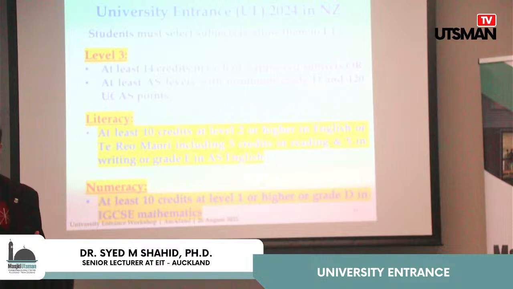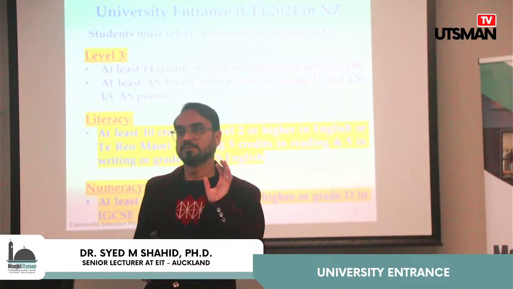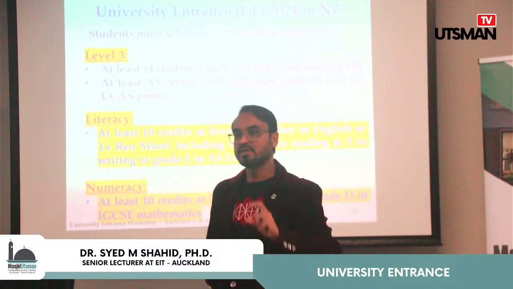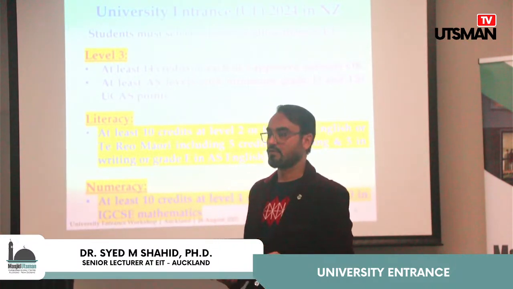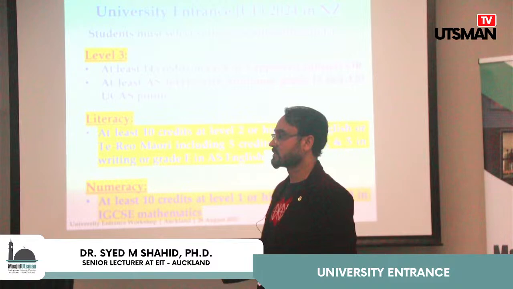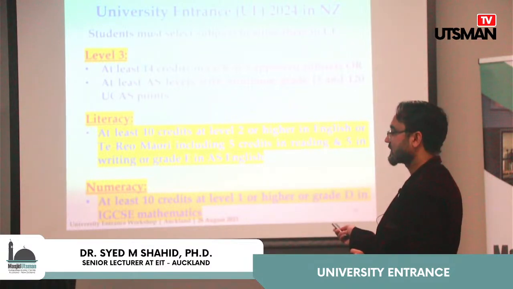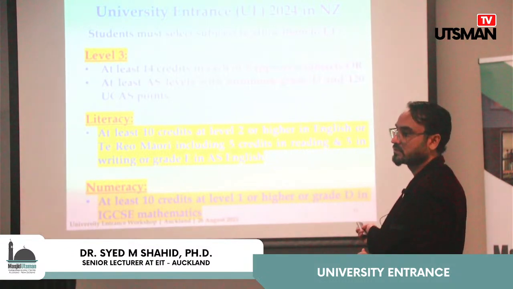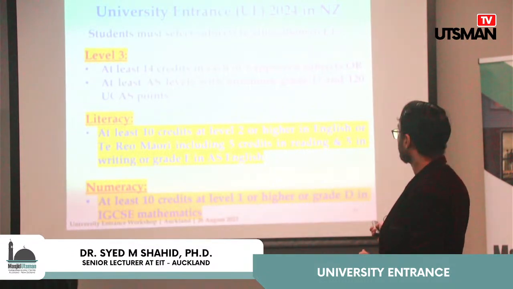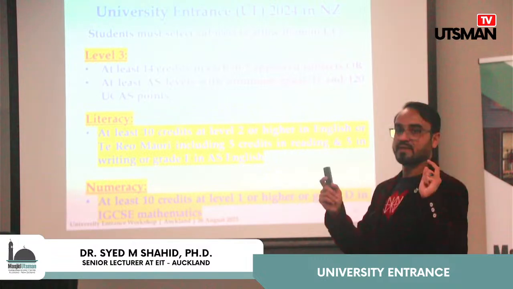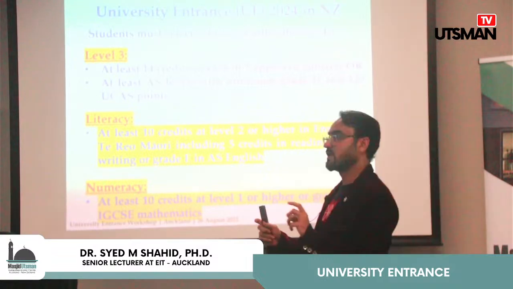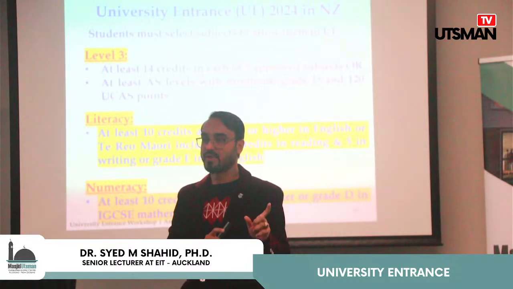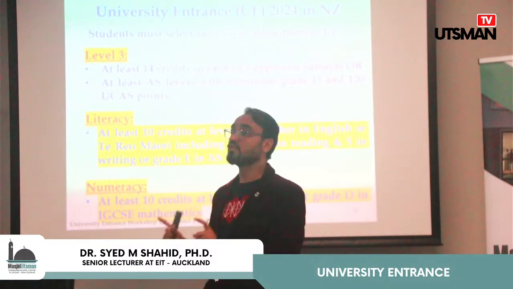Even if you pass level 3, there are still a few things you need to understand. For example, at least 14 credits in each of 3 approved subjects. So this is really important to understand. I request parents to understand those 3 subjects. 14 credits is one thing and approved subjects is another.